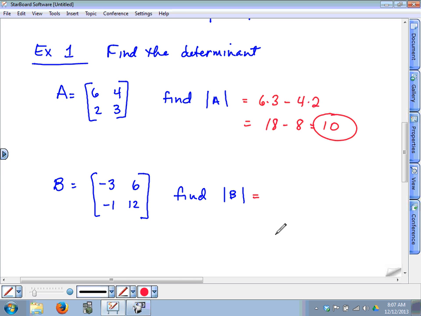All right, walk me through it. Negative 3 times 12 minus 6 times negative 1. Negative 36 plus 6.